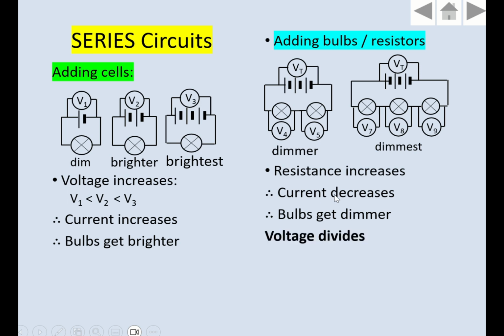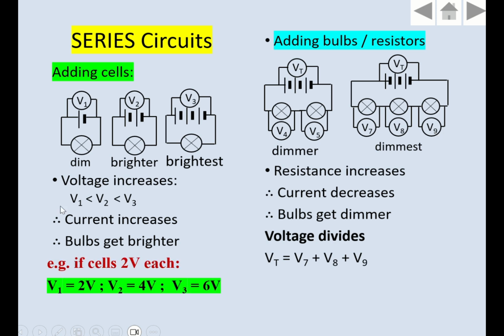But we can also talk about the voltage. If we look in the last circuit, this total voltage divides amongst these. We call it a voltage divider, and the total voltage, Vt, must be equal to the sum of the other 3. So if each is 2 volts, the charges pick up 2 and another 2, so that's 4 volts, and this would be 6 volts.